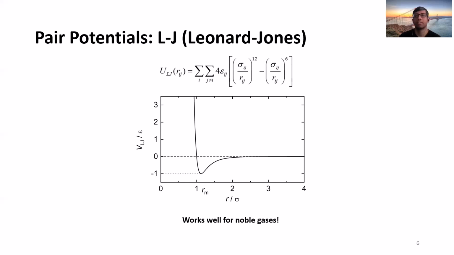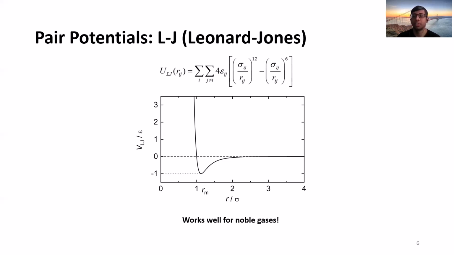That's a very high-level, non-technical introduction to the Lennard-Jones potential definition. And it works well for noble gases, but it doesn't work for all the other polymers or alloys. So it's a very basic kind of pair potential, and you get a feeling how it looks in terms of attraction and repulsion.